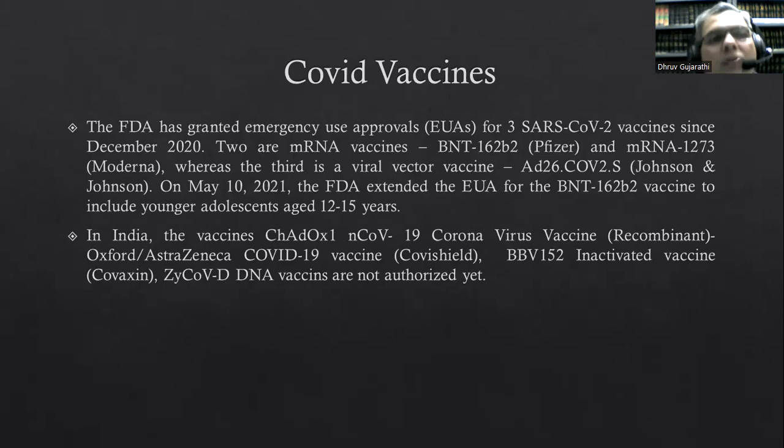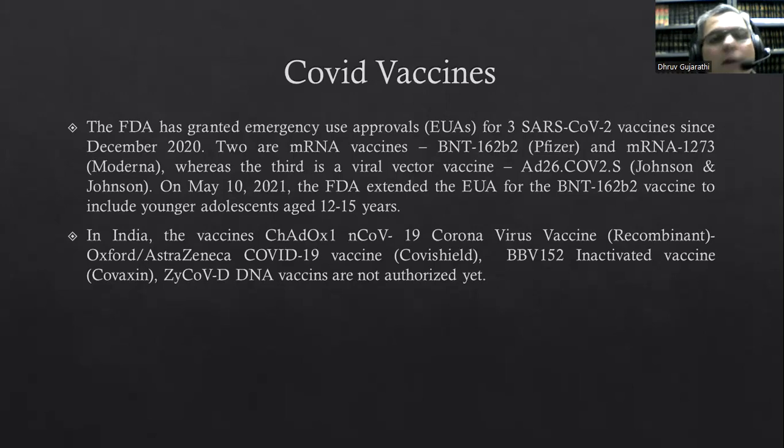How about prevention of COVID? There are 3 vaccines which have been approved by the US FDA to be used as COVID vaccines. 2 of them are mRNA vaccines manufactured and marketed by Pfizer and Moderna, whereas the third one is a vector vaccine manufactured by Johnson and Johnson.